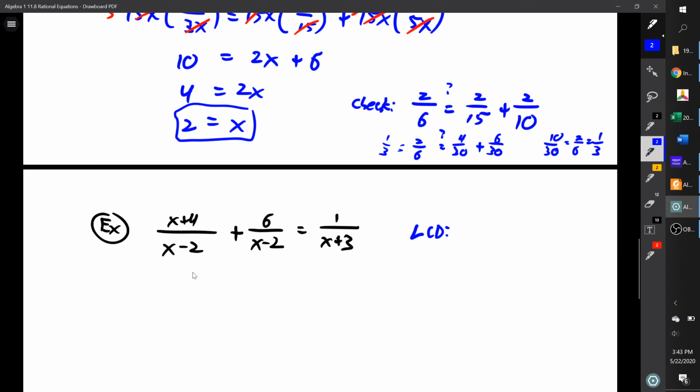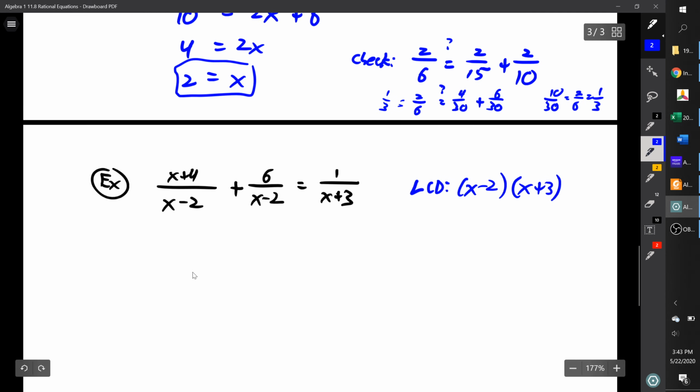Well, for this one, you can factor out an x minus 2, and an x plus 3, so it's just x minus 2 times x plus 3. When you have two different binomials going on like that, that's the best that you can do. You can just multiply each term by those two different terms. So let's see what we get.